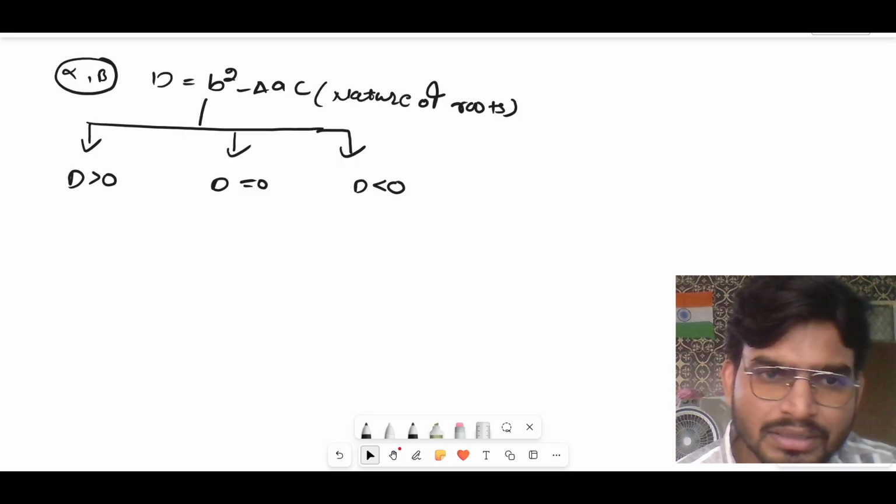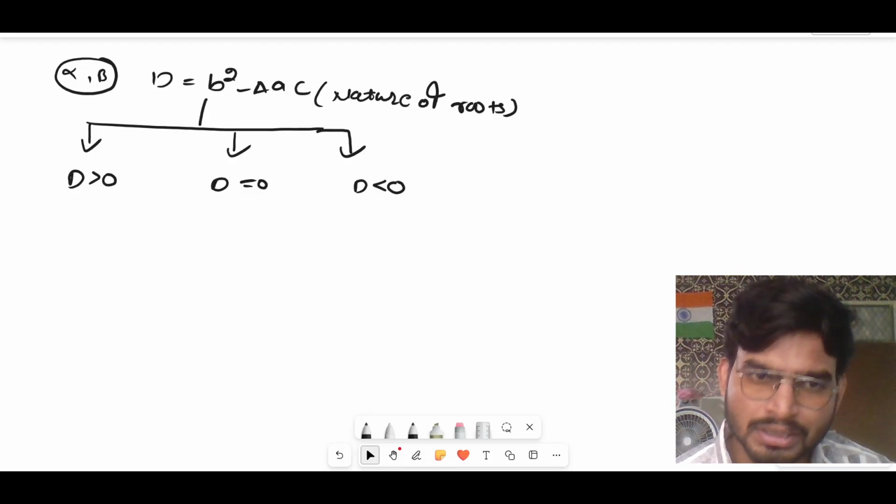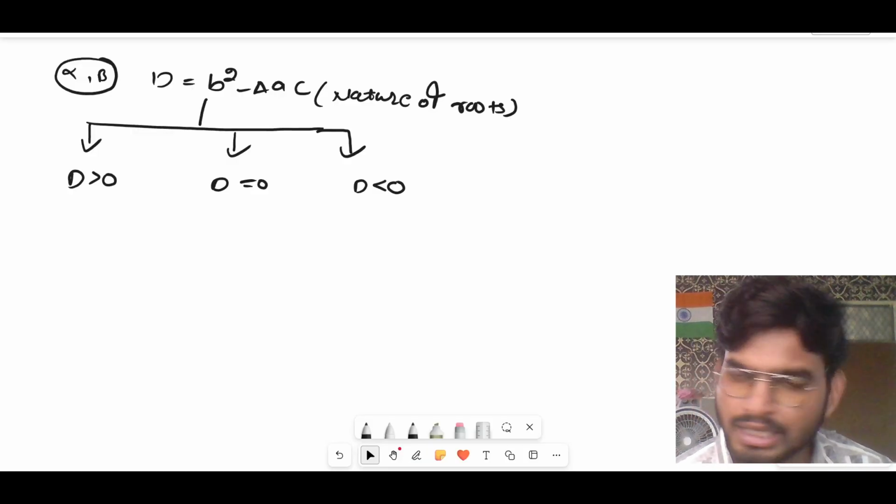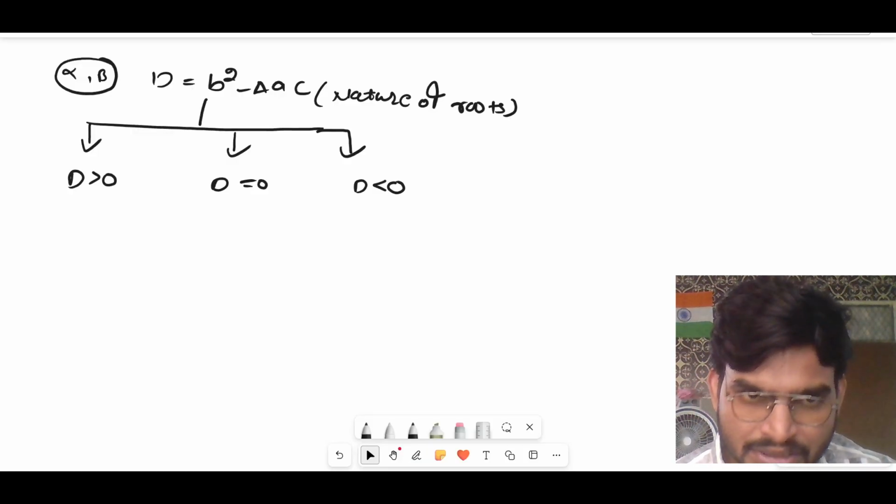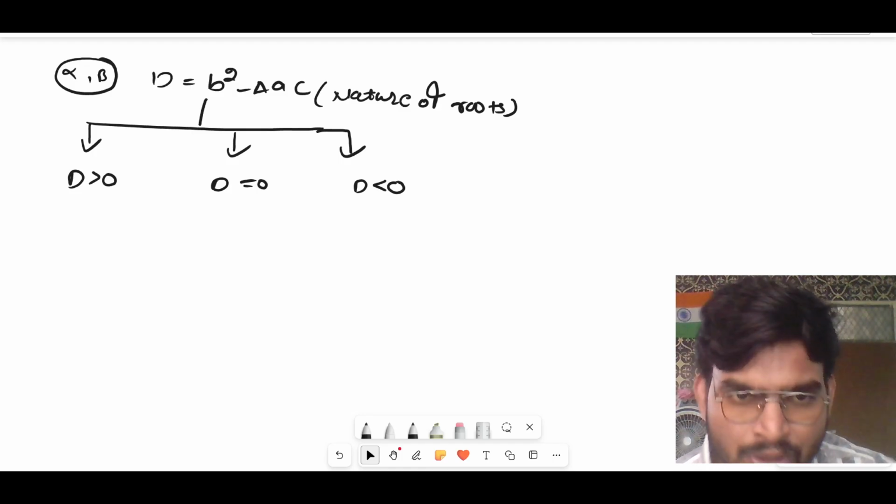So from here we can always find these three types of values: D can be greater than 0, D can be equal to 0, or D can be less than 0.